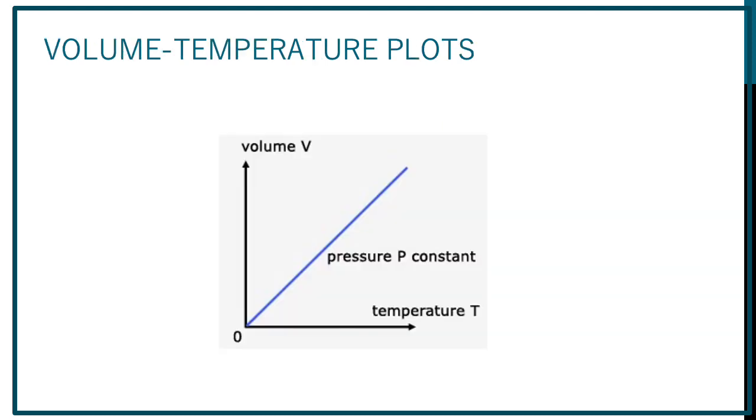If you plot a graph for volume versus temperature, you get a straight line graph. When we increase the temperature, volume will increase at constant pressure.